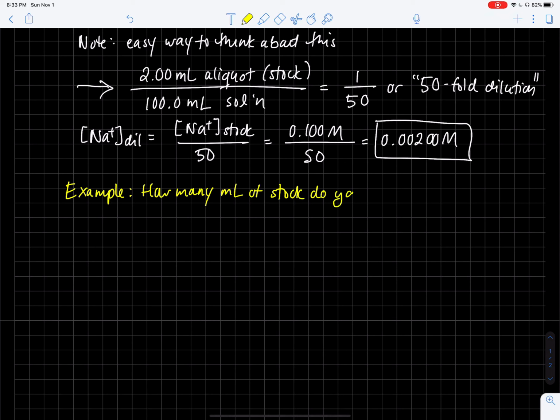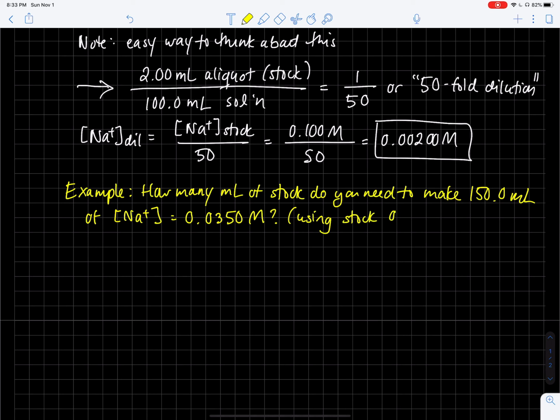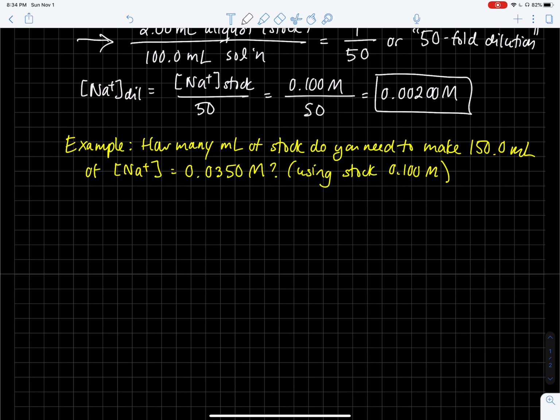We'll work with the same stock solution, but ask, how many milliliters of stock do you need to make 150 milliliters of a solution where the concentration of sodium is now 0.0350 molar, still using the stock that's 0.1 molar? So how many milliliters do I need?